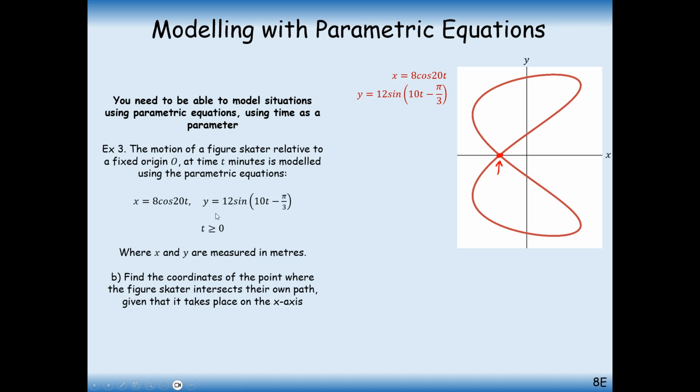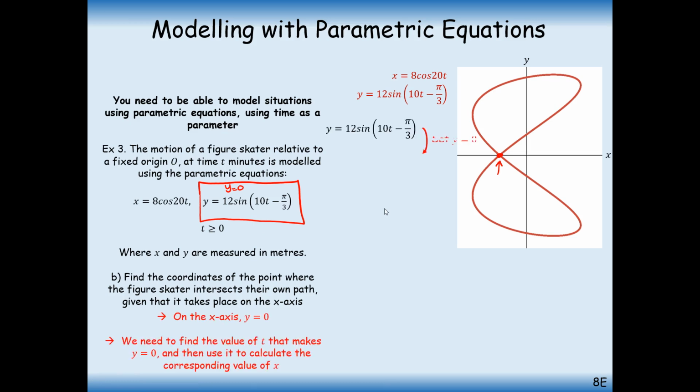So we're going to take this equation here, set y equal to 0, solve it for t and substitute that into the formula for x. When y is 0, we have this setup. Dividing by 12 gives us sine of 10t minus pi over 3 is 0.